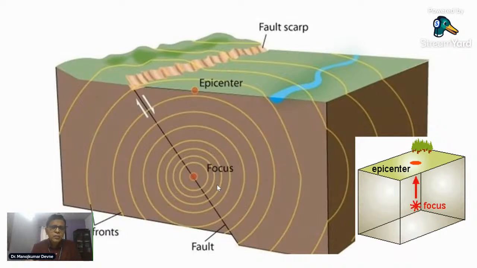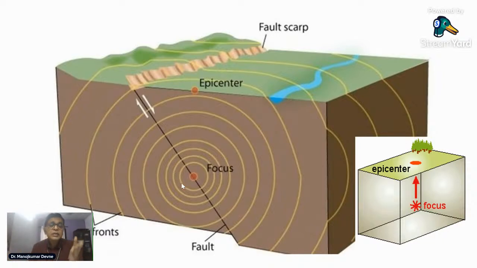Now, what should you be looking at when you have an earthquake? What should cause an earthquake? You'll see that here a faulting has taken place, but the earthquake will not start here because the force which is creating the tension is somewhere way down in the interior. So that's going to be your focus, and the wave fronts are going to move in a circular way away from the focus of this particular fault line, fault plane, I would say.